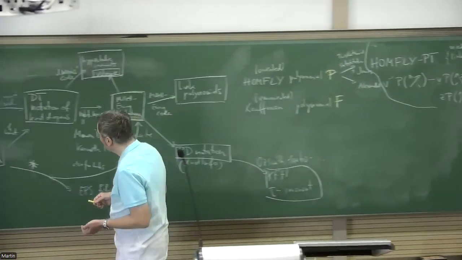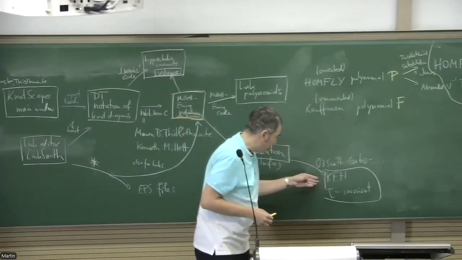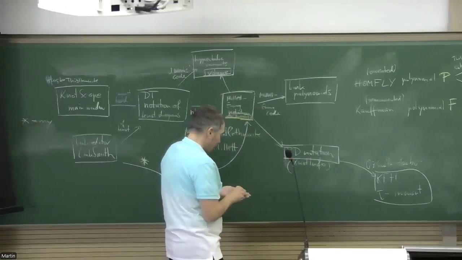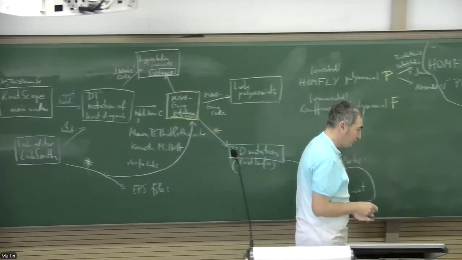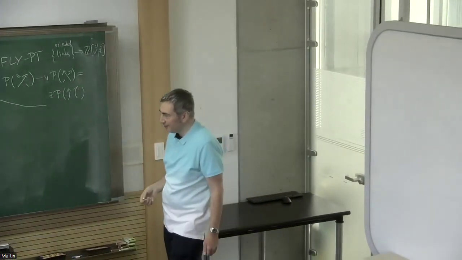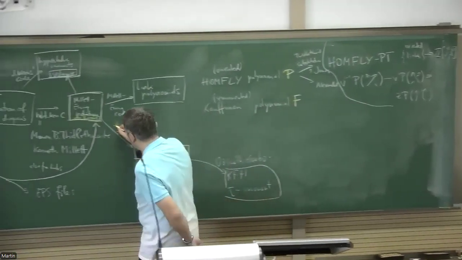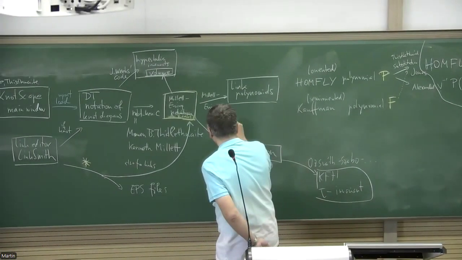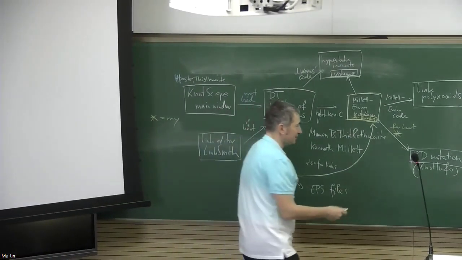So in order to be able to do this kind of computation, I wrote myself a GAWK script. It is very easy to convert from here to here. So when I have the Millett-Ewing notation for a knot, I can very easily convert it.